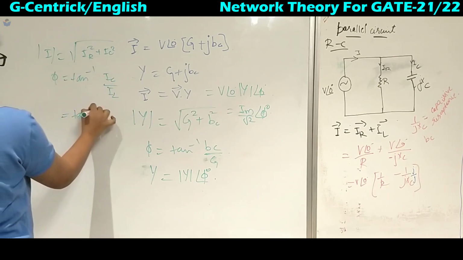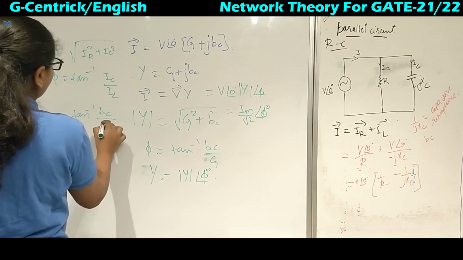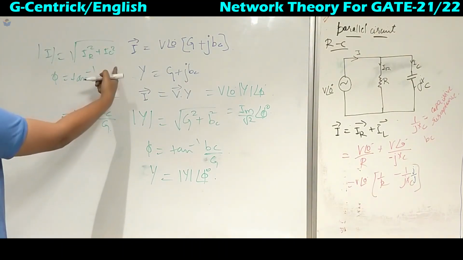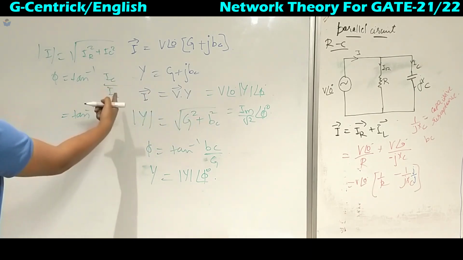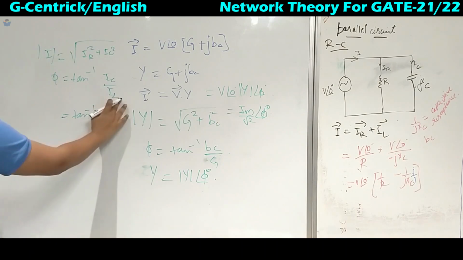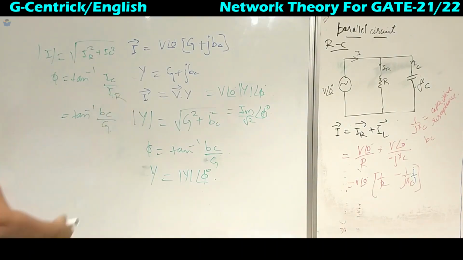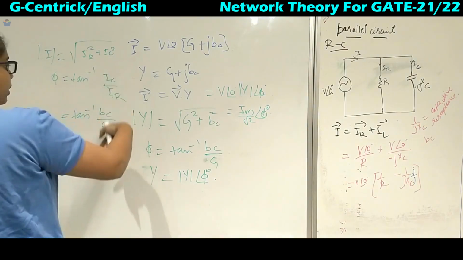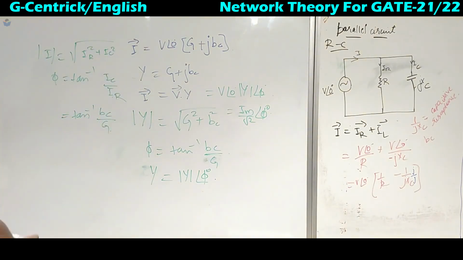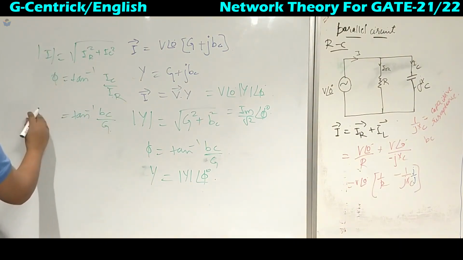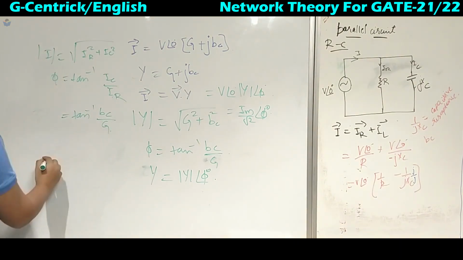So we have got tan inverse of BC upon G. So if you divide by V upon R, V upon XC, if you substitute for IC and IR, then you will get this tan inverse BC upon G. This V and V gets cancelled out. So this is the value of the magnitude of the current and the admittance triangle.